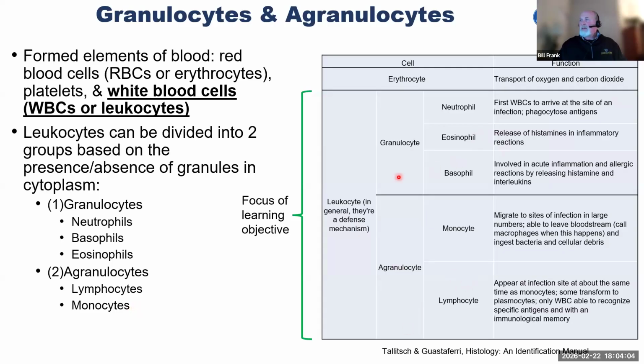And we can see here that granulocytes have different functions. I would encourage you to familiarize yourself with each of these functions for each of the types of granulocytes and monocytes. Okay.